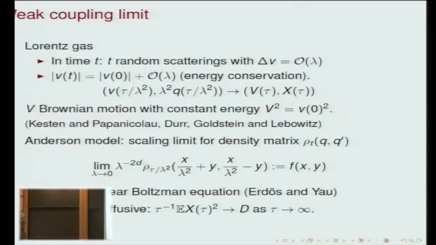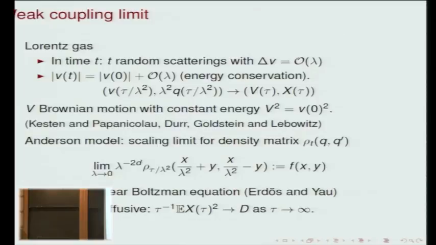So let me explain this a little bit more. In the Lorentz gas, as Jörg just said, the velocity becomes a Brownian motion. If you look at the Lorentz gas, because the interaction strength is lambda, in time t the particle is feeling t random scatterings where the velocity changes on the order of lambda.